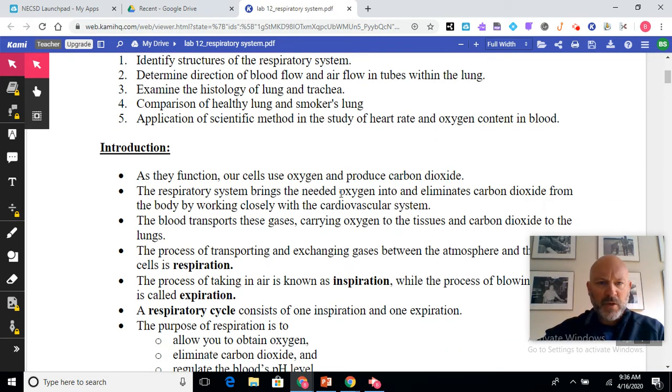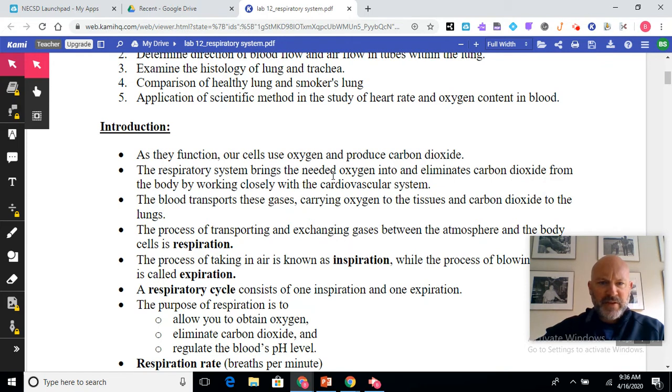As they function, our cells use oxygen, and at the same time they're producing carbon dioxide. It is the job of the respiratory system and the lungs to bring in the oxygen, specifically to put it into the blood so that the heart can deliver that oxygen to all the cells that need it. That allows the cells to continue to do work.